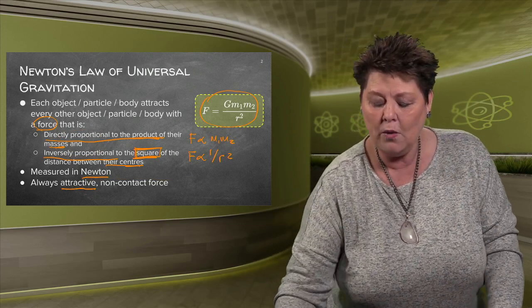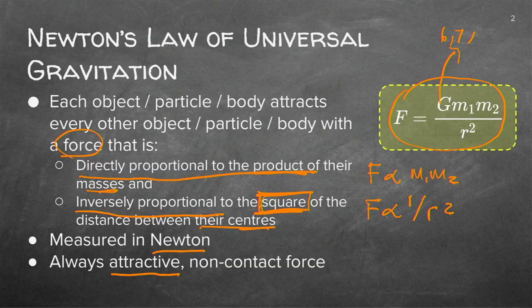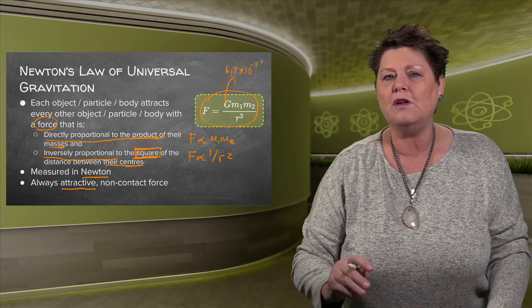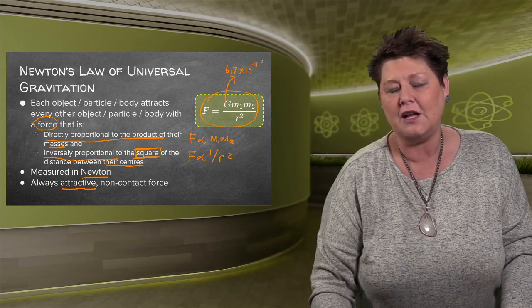And remember, we have got the value of G. It's on your information sheet. It has the value of 6.7 times 10 to the minus 11. Make sure that you've got all the values with you so that when you get asked a question, you can do it.